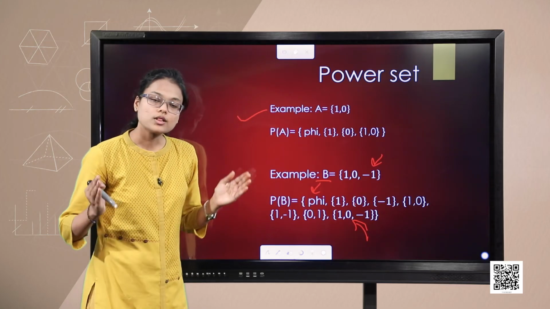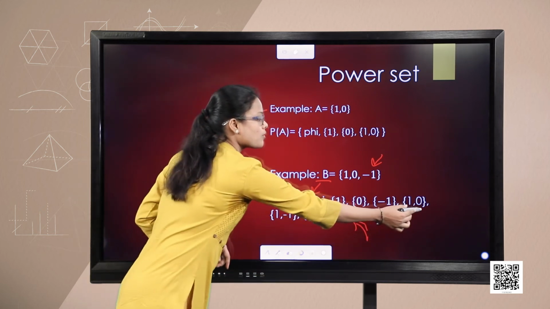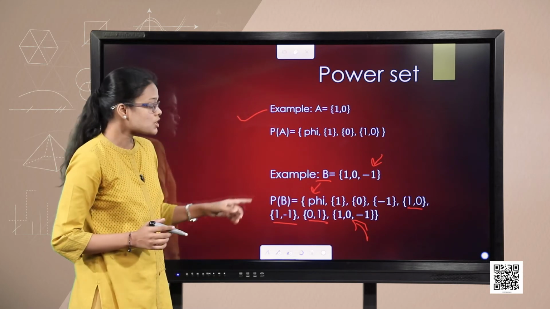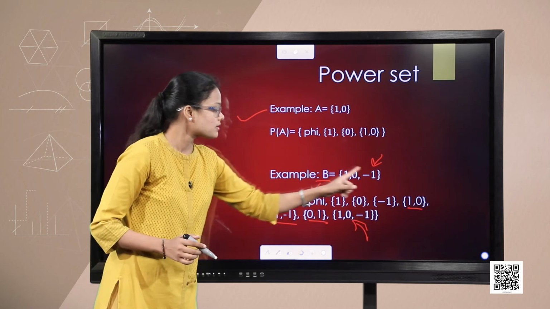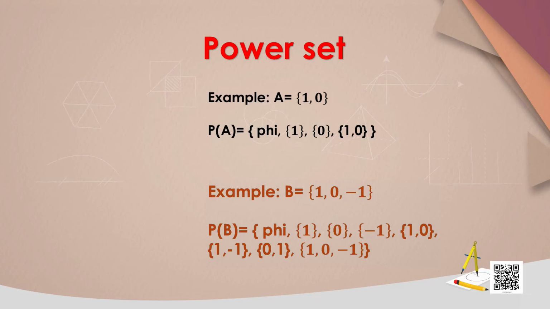Now, all the sets which have two elements, that are {1, 0}, {1, -1} and {0, -1}. Okay?